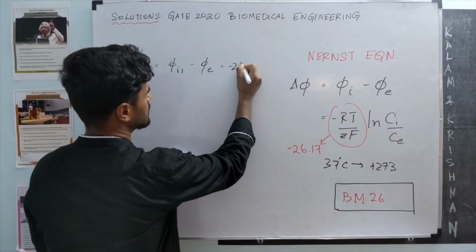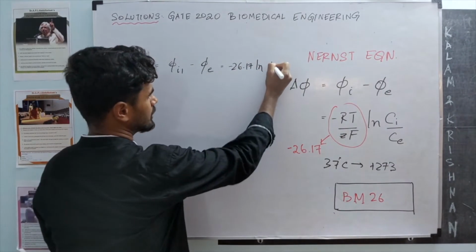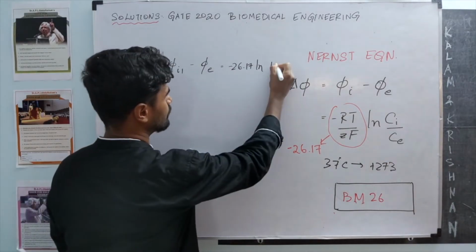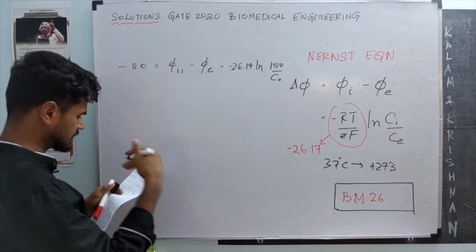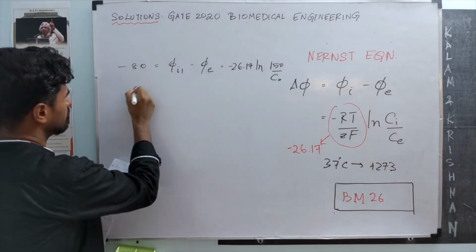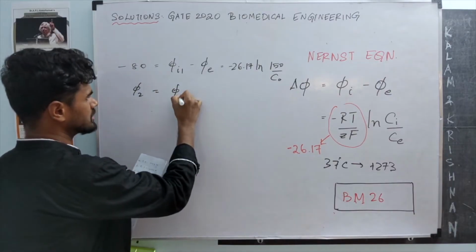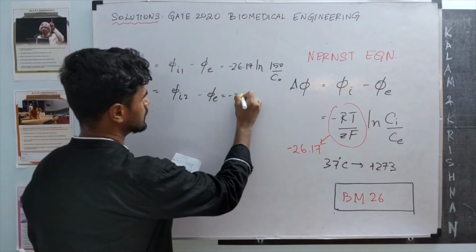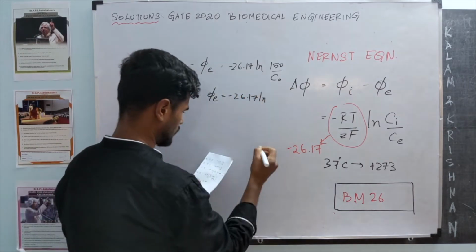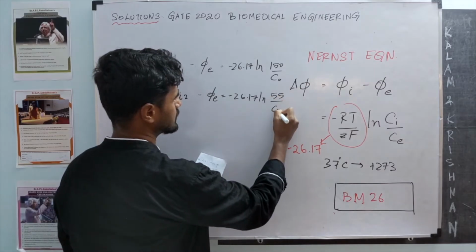That's minus 26.17 ln of 150 by C naught, since the intracellular concentration is 150 millimoles. Then after the change, let's say the potential is phi 2. So the new phi I2 minus phi E is minus 26.17 ln of the new intracellular concentration, 55 by C naught.